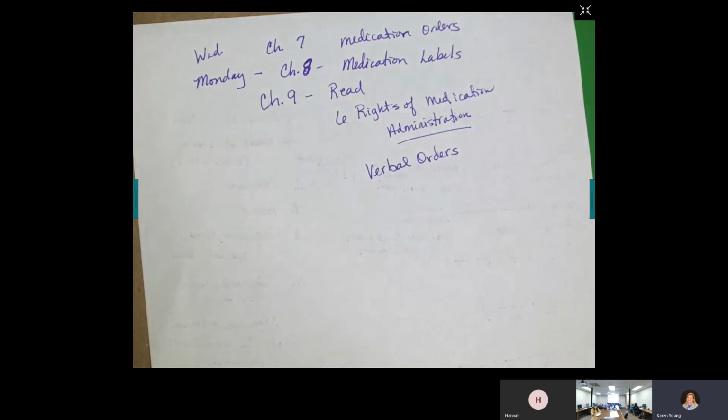I'll tell you more about what we're testing in Chapter 9, but it's your responsibility to read it and to know the 6 rights in order, and then know about verbal orders and the prevention of medication errors. The nurse's critical role: you are sometimes the last defense between a mistake, which could be life-threatening, and doing it correctly and the patient surviving and getting well.